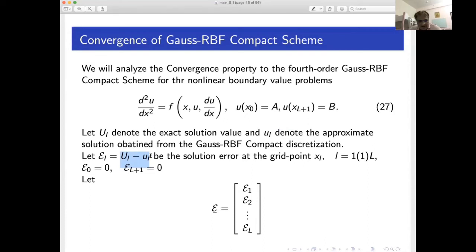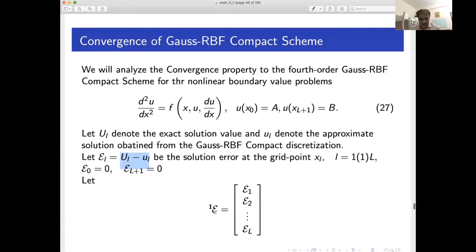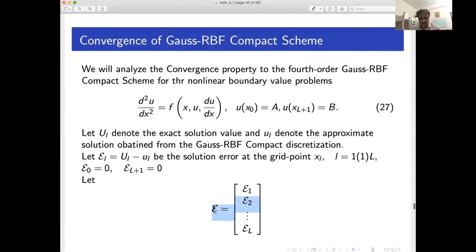So this is what I have written, solution error at the grid point x_l. But because I have so many points, x1, x2, x_L, I can formulate a vector epsilon, lowercase bar stands for this as a vector kind of thing, epsilon_1, epsilon_2, epsilon_L, right?